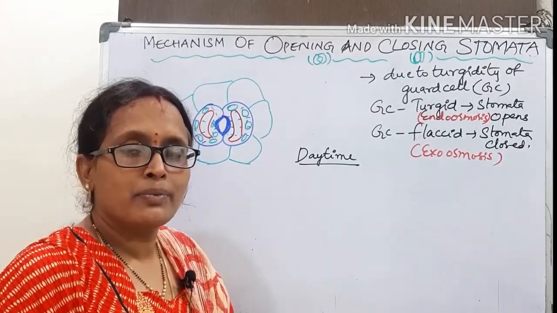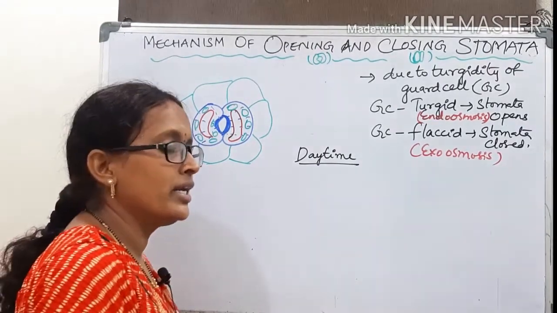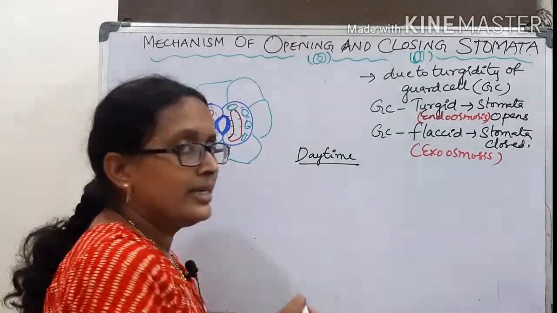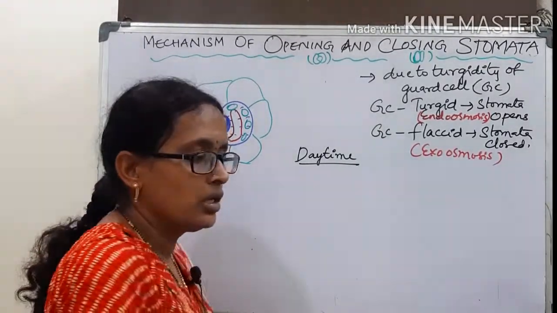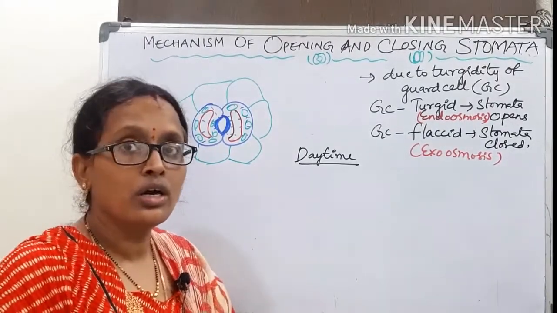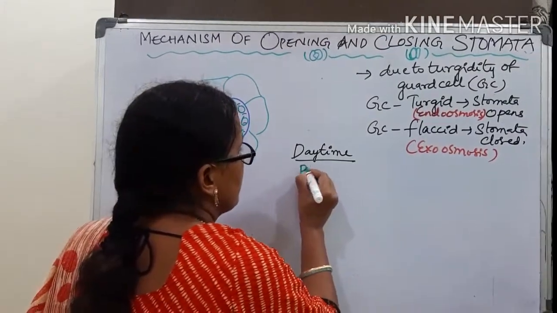Whereas in desert plants, they open in the night and close during the daytime. These are photoactive and scotoactive stomata. In the daytime they have chlorophyll, so photosynthesis takes place.